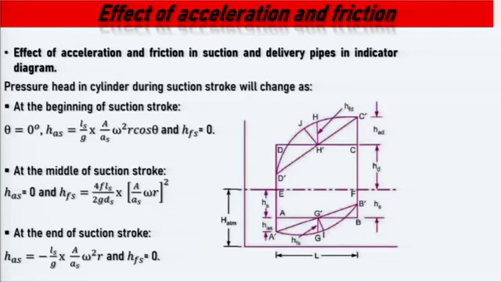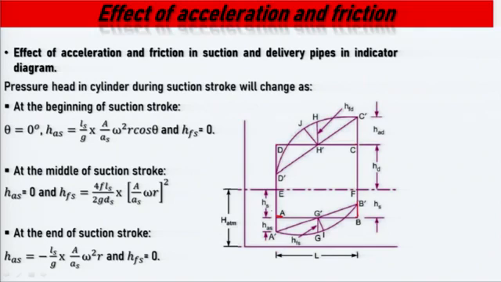Before that, this is the ideal indicator diagram, A, B, C, D. If you see the beginning of the stroke, HAS is positive, and again this magnitude remains the same. So A is shifted to A dash, as we already discussed, and B is B dash.